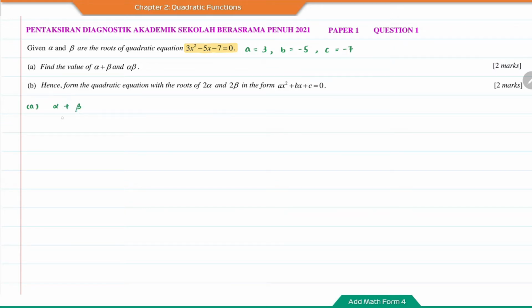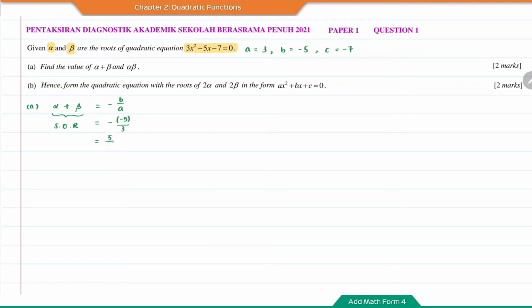So for question A, alpha plus beta, as alpha and beta are the roots, this refers to the sum of roots. Sum of roots is equal to negative B over A. Here B is negative 5 and A is positive 3, so the negative becomes positive.